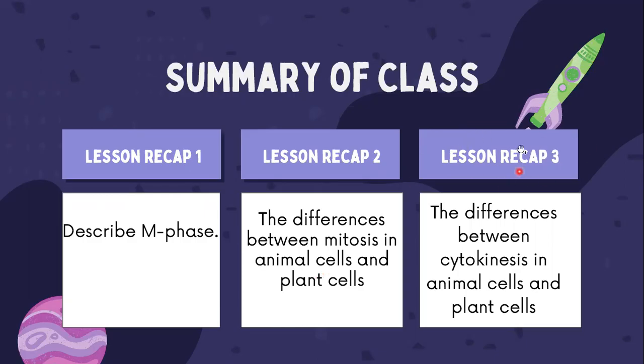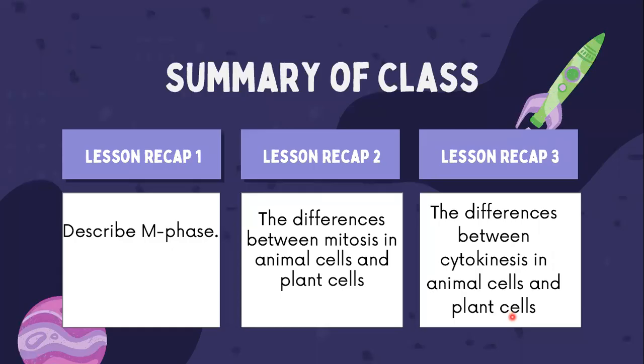And lastly, we learned about the differences between cytokinesis of animal cells and plant cells. Cytokinesis is the separation of the cytoplasm. In animal cells, microfilaments contract. Contractile rings constrict in the middle and form two cells. While for plant cells, vesicles combine. Vesicles, the little small dots in the middle, combine and form a cell plate.